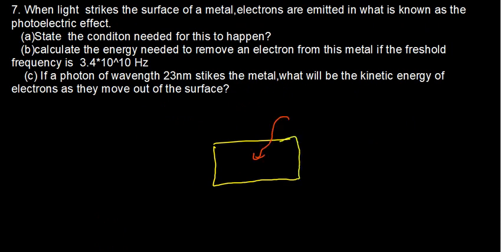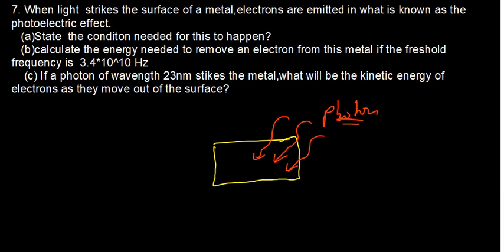So the energy or the light which you are projecting on your metal, that is our photon, which is simply light, or any region of the electromagnetic spectrum, any source of energy which you are projecting on the surface of a metal.